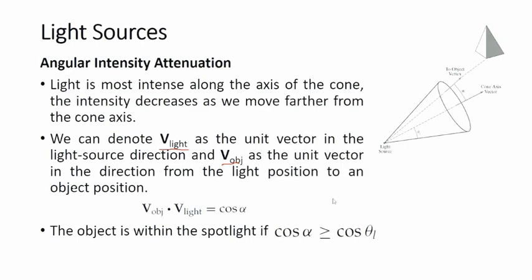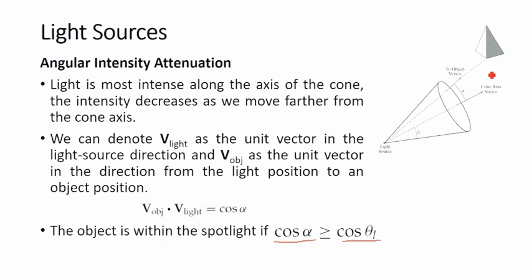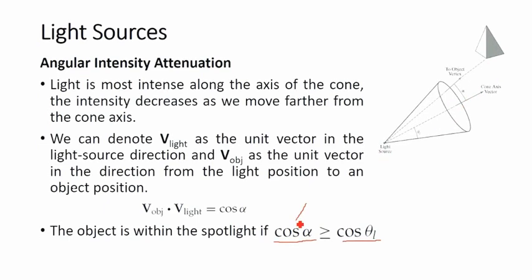Now, if the cos alpha is greater than or equal to the cos of the cutoff angle, then we can say that the object is within the limits of this cone, so we will illuminate it, of course with an attenuation that is given by the cos of this angle.